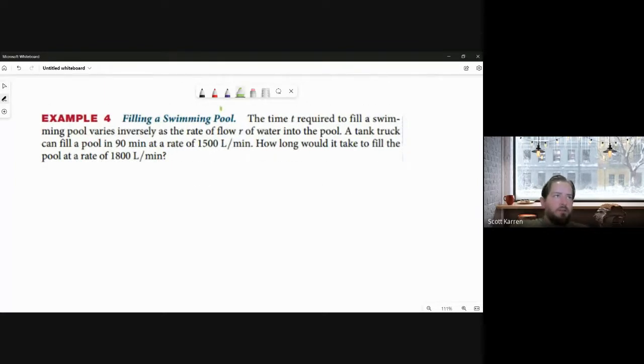So right there, if it varies inversely, I know right off the bat that I've got an inverse relationship. But the time is t, and it varies inversely with the rate. So that is to say that I have t equals k over r. A tank truck can fill a pool in 90 minutes. So that is to say the amount of time that it takes to fill it is 90 at a rate of 1,500 liters per minute. So my rate is 1,500.